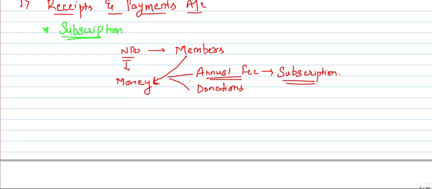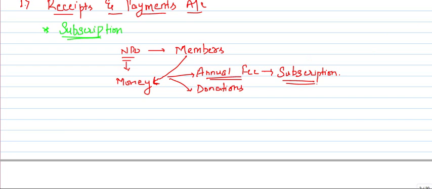Besides this, they can make any donations or grants, right? But for being the members of this NPO, they will have to pay some annual fee that is known as subscription. Clear? So this is the subscription.